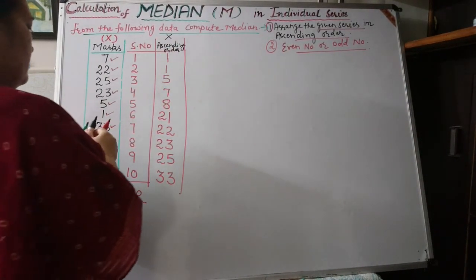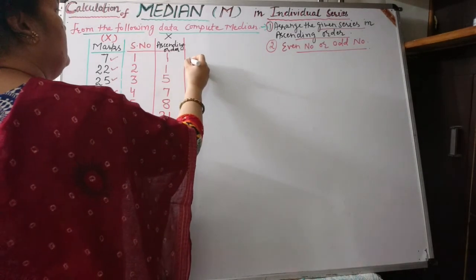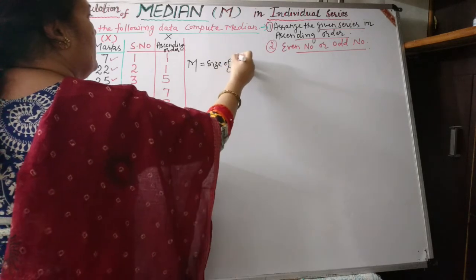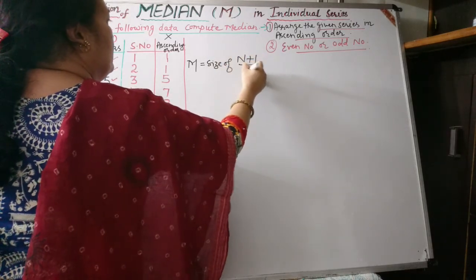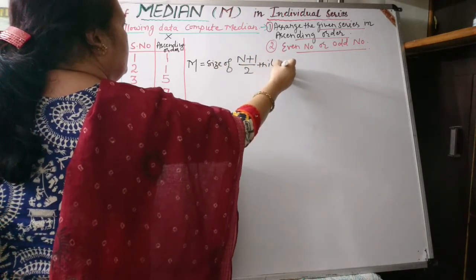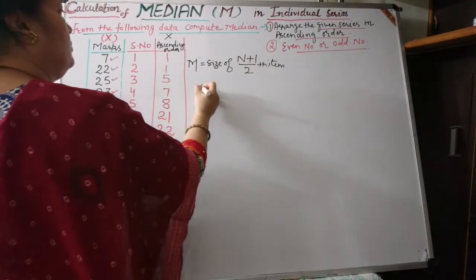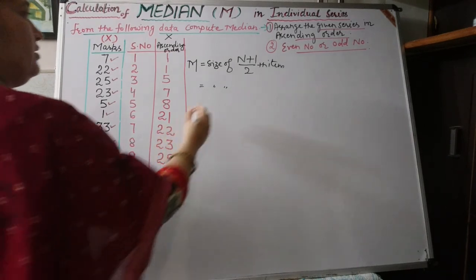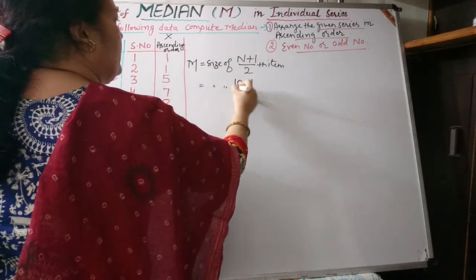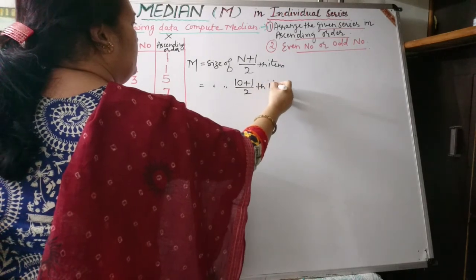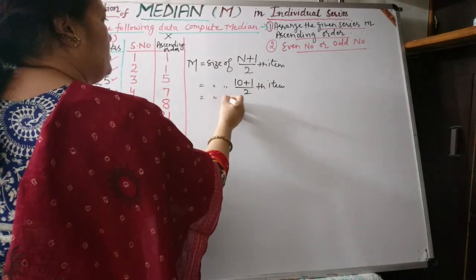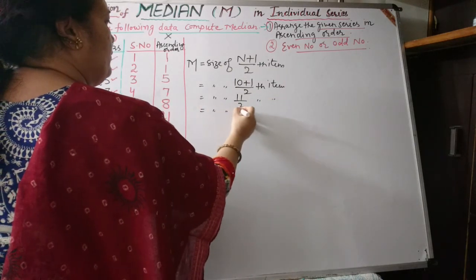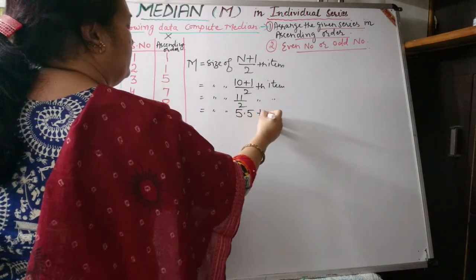And now let us apply the formula. M, median, is equal to size of (n plus 1) by 2nd item, is equal to size of, how many values are there? 10. (10 plus 1) by 2nd item is equal to size of 11 by 2nd item, is equal to size of 5.5th item.